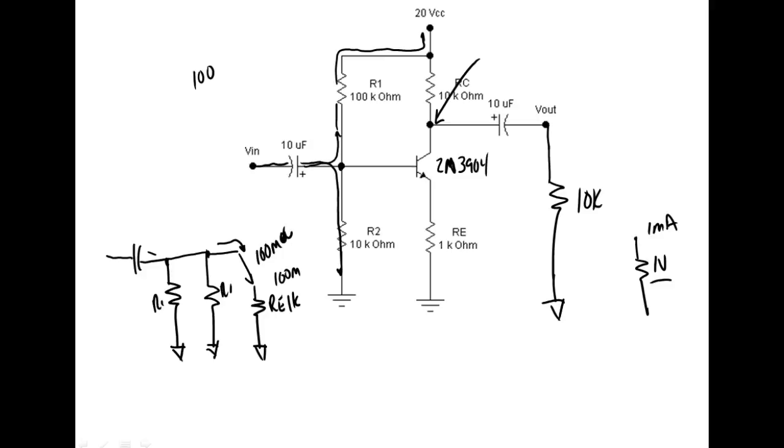Ohm's law, guys. 1K times 100 milliamps. V is equal to I times R. Now we're just talking. So what would it be? Okay, so it's going to drop 100 volts.